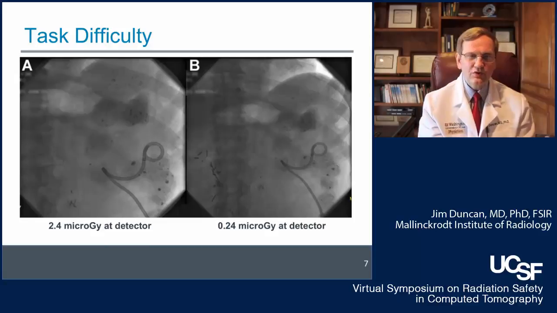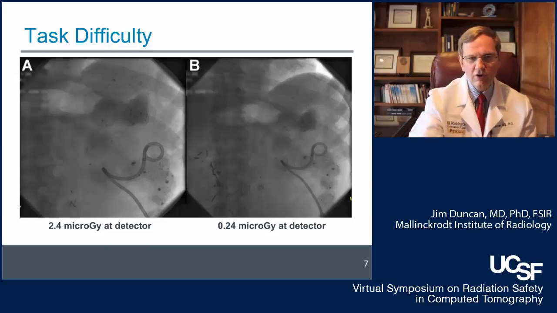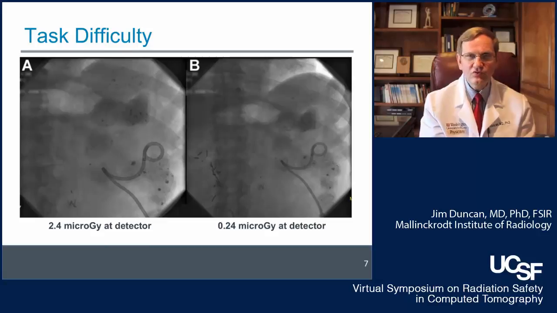So with this dose per image, I've got two images. One on the left is 0.24 micrograys at the detector, terminates the exposure, and then the one on the right is 2.4 micrograys. And if you look closely, you can start to detect that there is a difference. The bones in panel B, a little less distinct at the edges, but it's a perfectly acceptable scout image for this tube check.